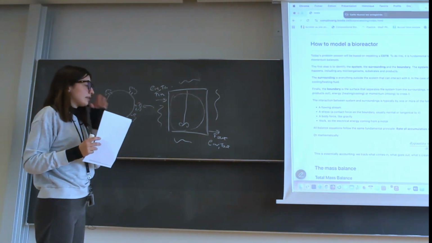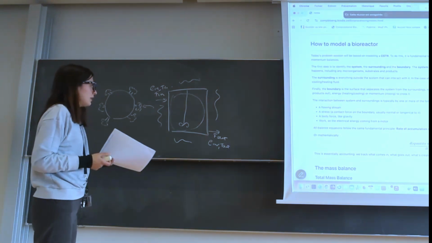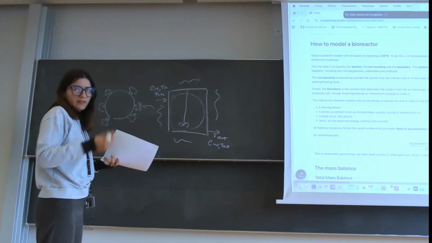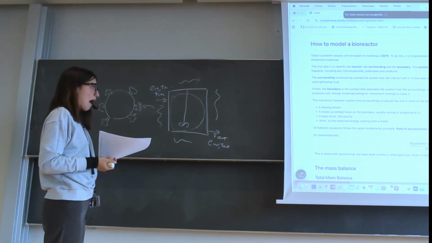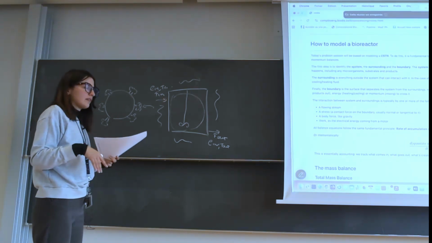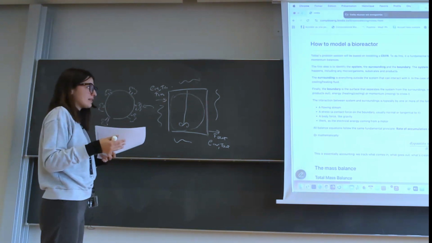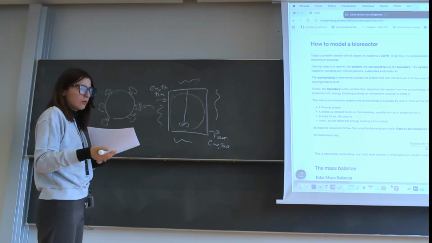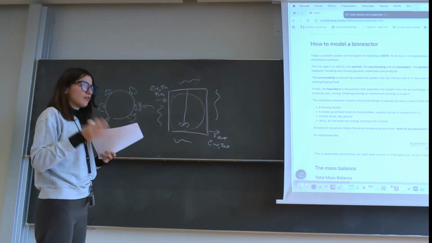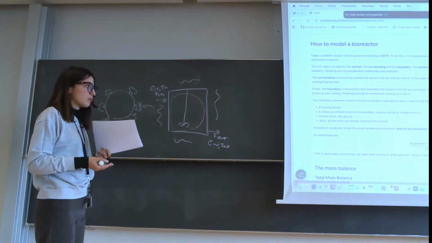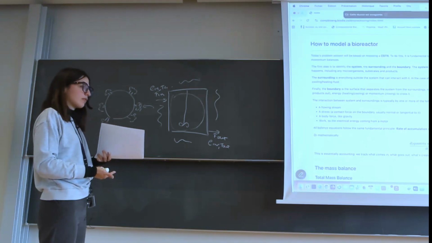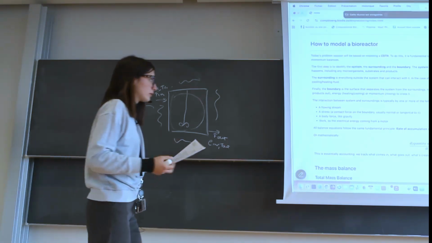And in the end, we have the boundary, which in this case is the wall of the CSTR. It is basically the surface that separates the system from the surroundings, and is the surface through which we have the flux of mass, the flux of heat, and so on.